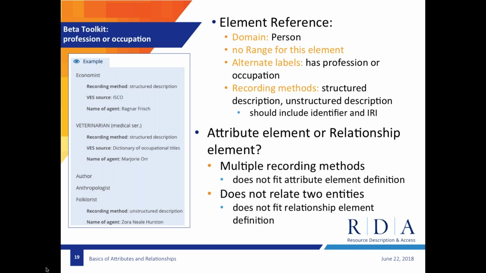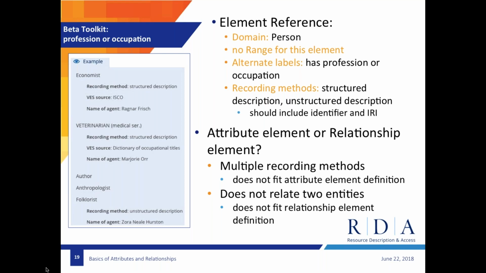It has the alternate label, profession or occupation, and then this is one of the things that we're still working on. In the recording methods section for this element, it only lists structured description and unstructured description, but if you go down, you'll see that there's instructions for all 4 recording methods.